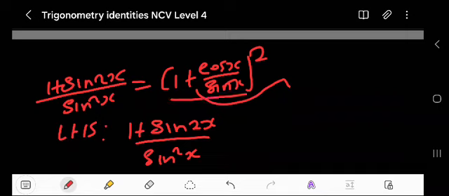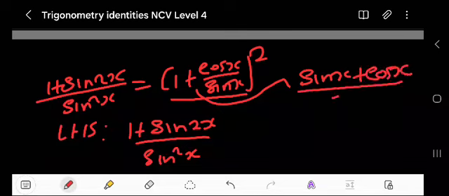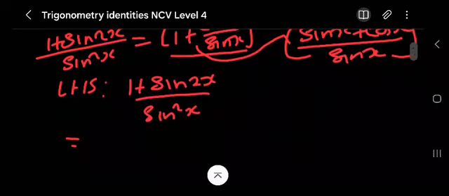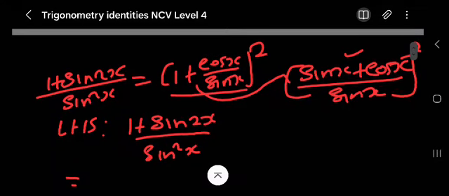This one is the same as sine x plus cos x all over sine x raised to the power of 2. Okay, I'm comfortable if it's like this. I want to come here, and then it will be simple like that.